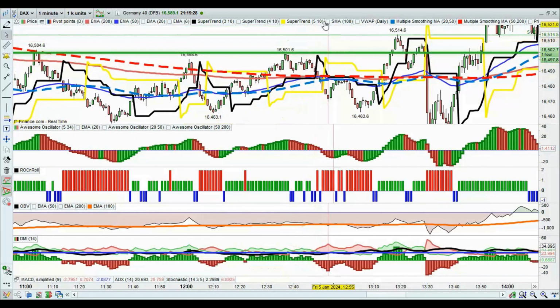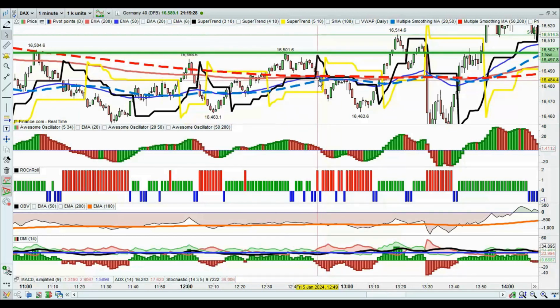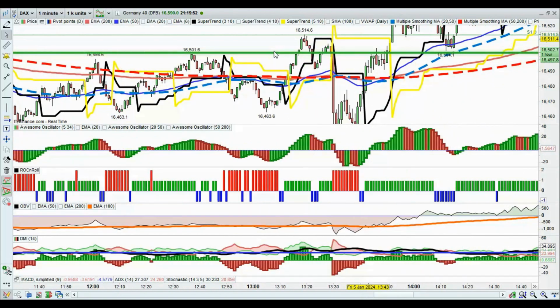The next trade was just as it was crossing through here, at 16,485, but I'm still conscious 1:30 is coming when non-farm payroll happens, and we're not doing anything when 1:30 happens because it's just too volatile at that point. I have no idea which way the market's going to go, but we'll have a look at that shortly.